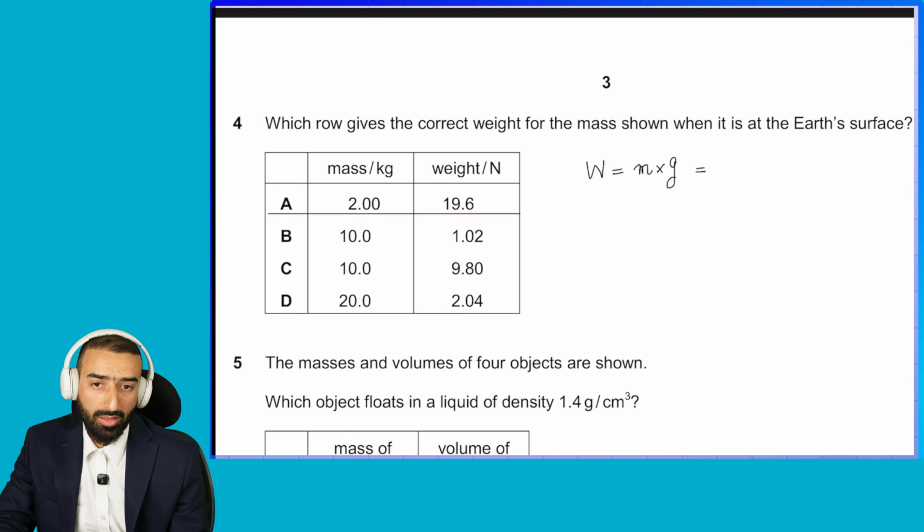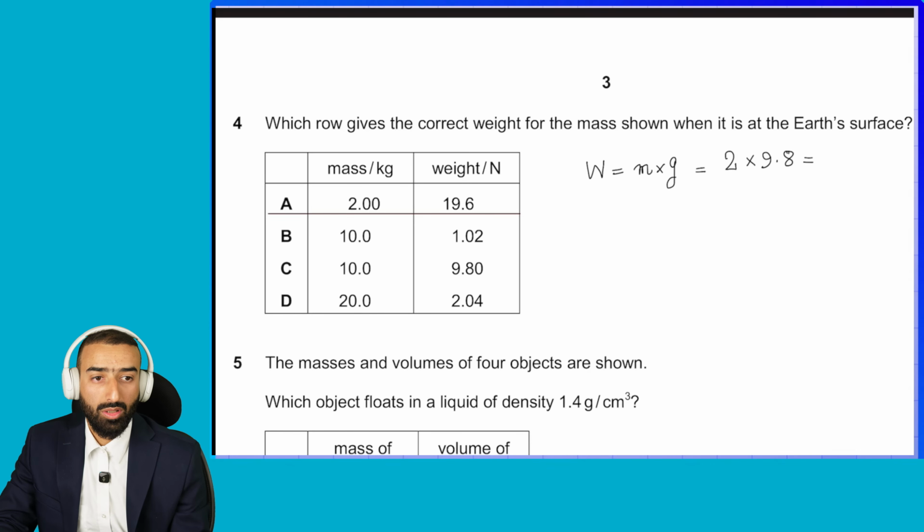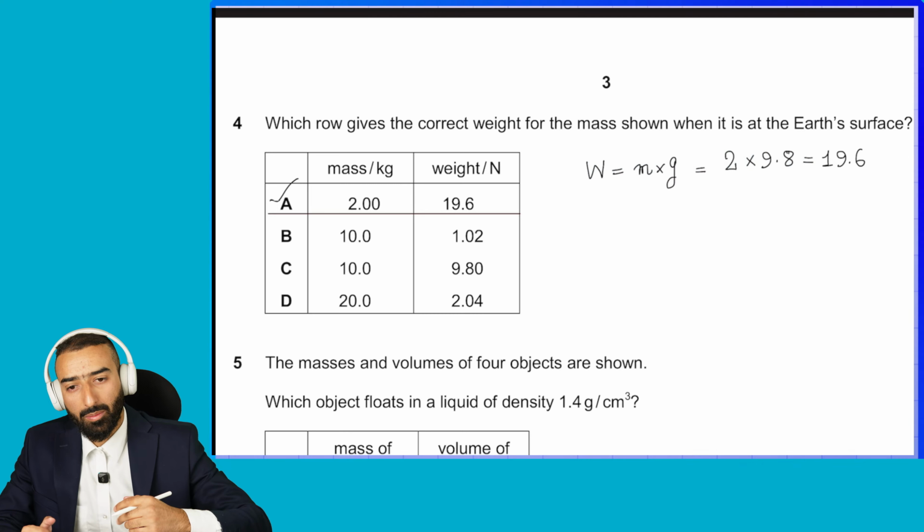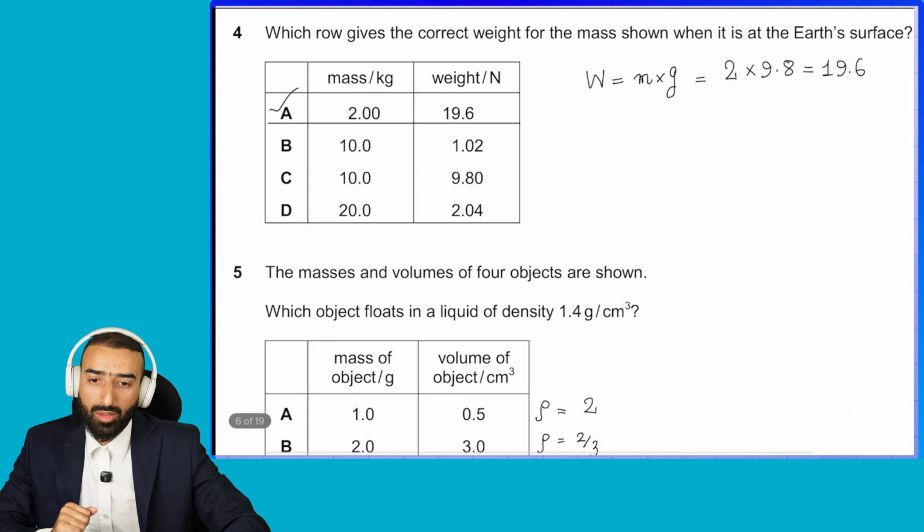In our case, the mass is 2 kilograms and we'll multiply it with 9.8, which turns out to be 19.6 newtons. So option A is correct. We don't need to go through all of them. Let's move on to question 5.